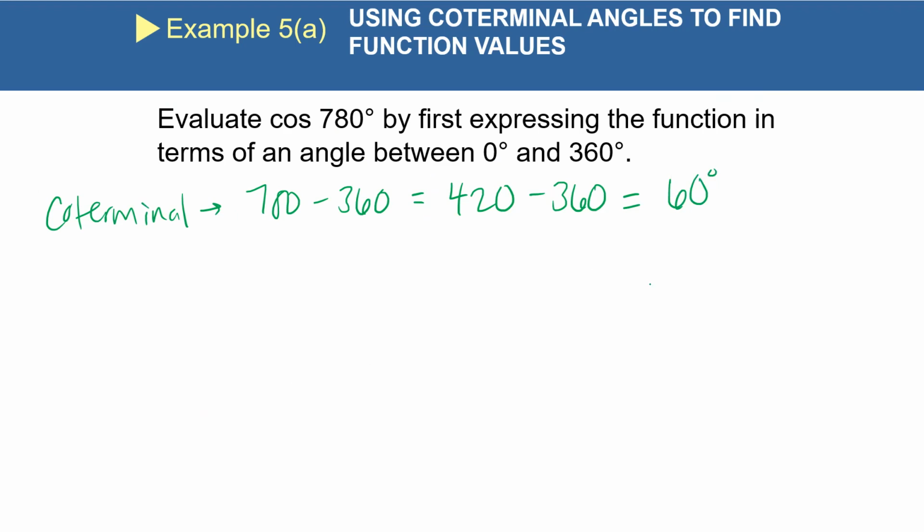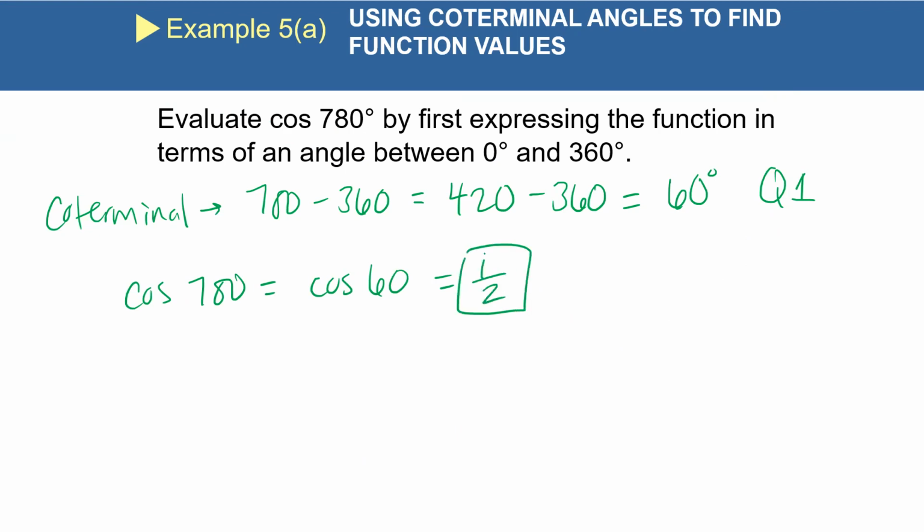So this lets me know that this is going to end up in quadrant 1. And in quadrant 1, all things are positive. So therefore, the cosine of 780 equals the cosine of 60. And what is the cosine of 60? 1/2.